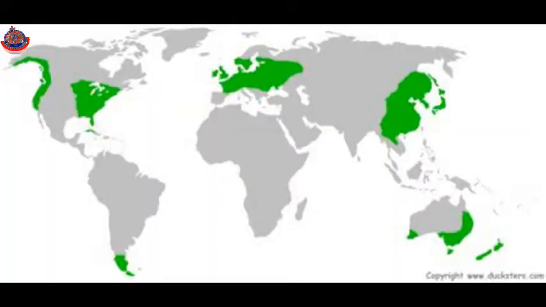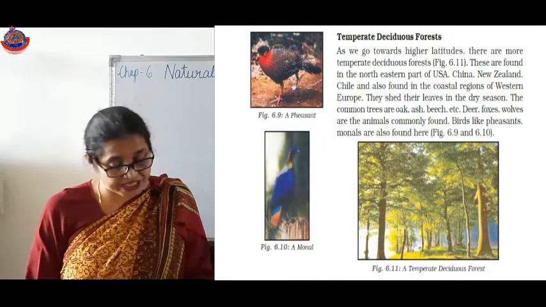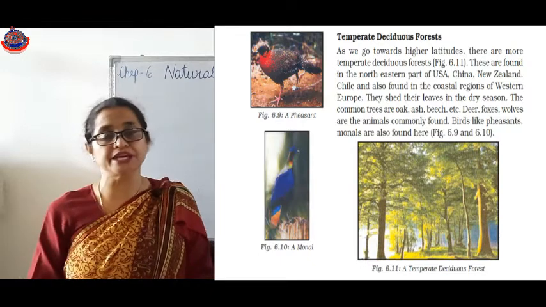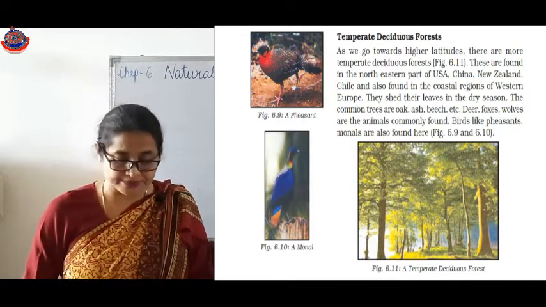These are found in the northeastern part of USA, China, New Zealand, Chile, and also in the coastal regions of Western Europe. They shed their leaves just because they are deciduous in nature. They are going to shed their leaves in the dry season.